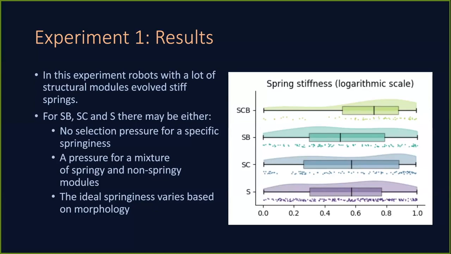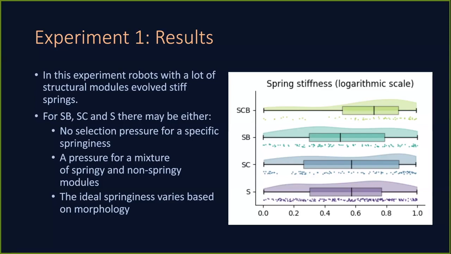And this might be because these robots have a lot of mass compared to the number of actuators they have. So we think this might be because very compliant springs might be compressed under the weight of the structural modules, and that's why they might prefer stiffer springs. And this is also an effect observed in nature, that animals that are larger often have less elastic tendons.